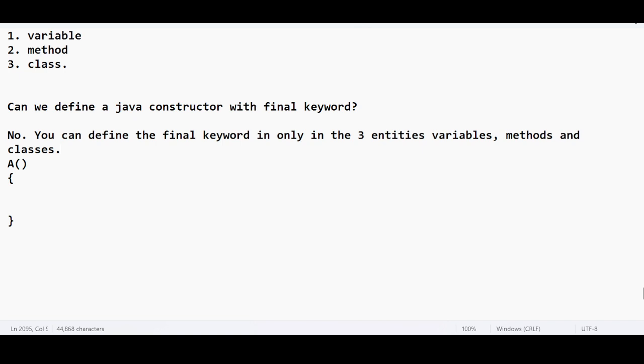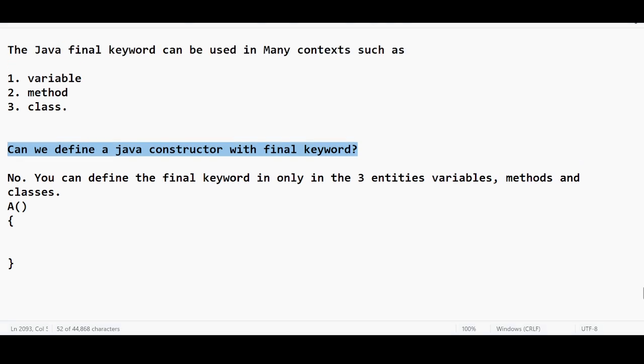That's it. This could be your interview question. The questions could be asked in such a way that they create confusion, and you might wonder if it could be possible. So just remember these 3 entities: variables, methods, and classes. As simple as that.